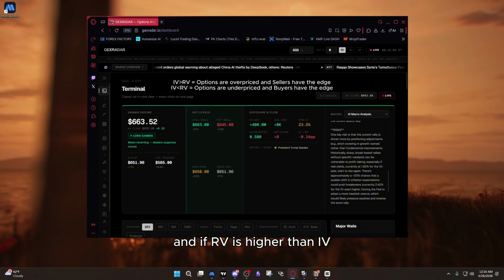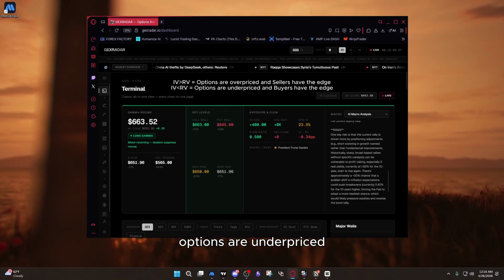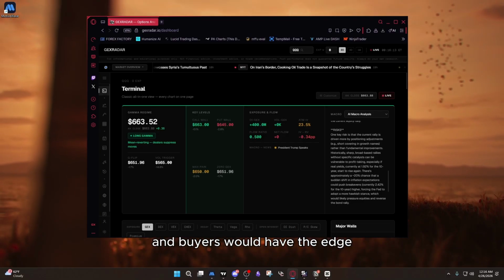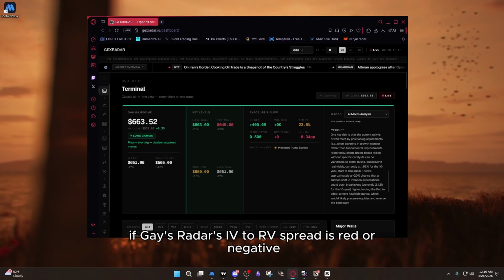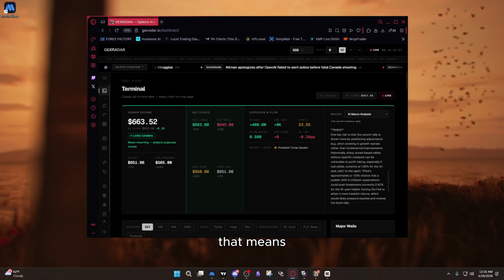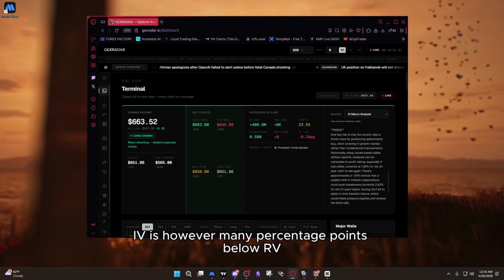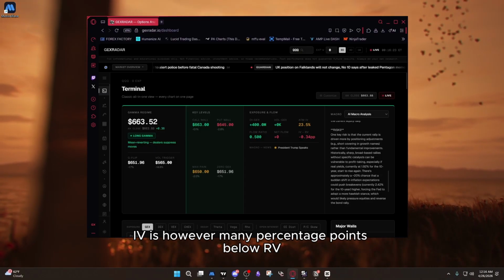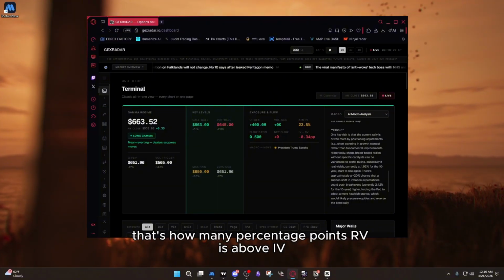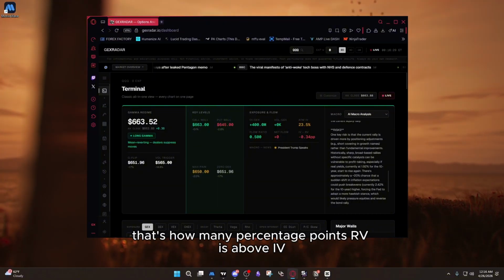And if RV is higher than IV, options are underpriced, meaning the stock is moving more than expected and buyers would have the edge. If Gex Radar's IV to RV spread is red or negative, that means IV is however many percentage points below RV. And if it's green or positive, that's how many percentage points RV is above IV.